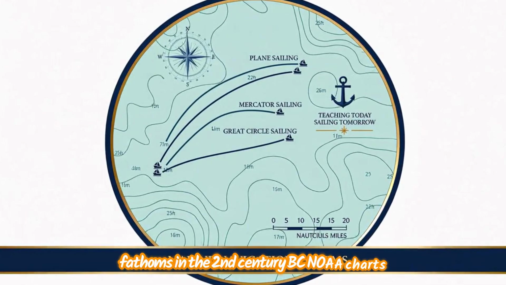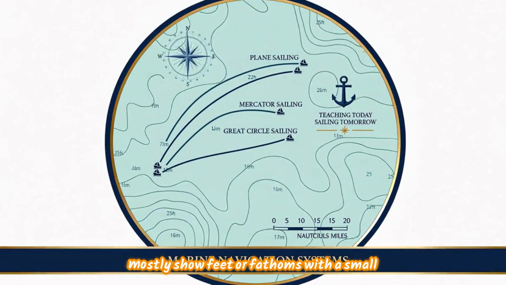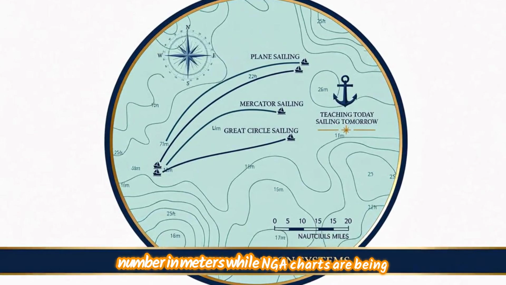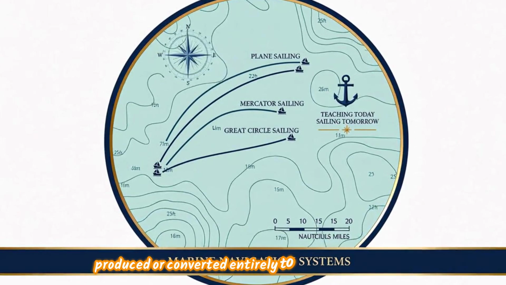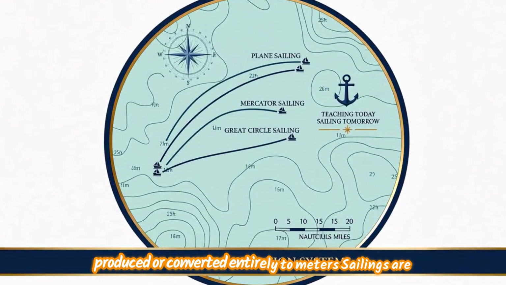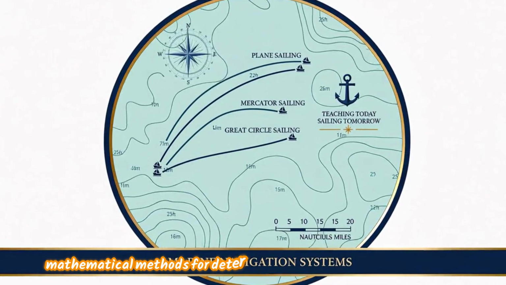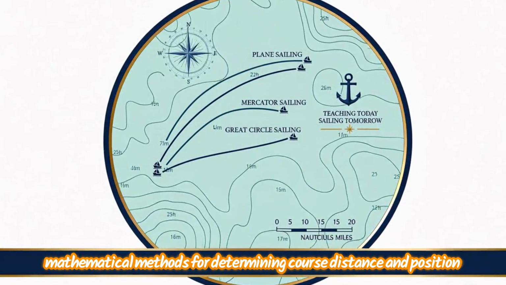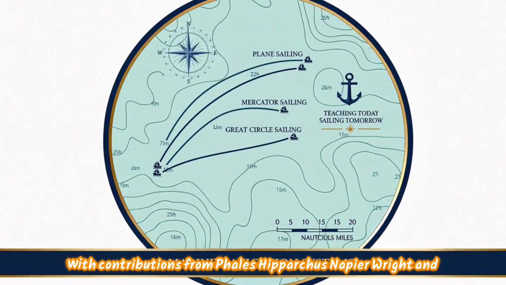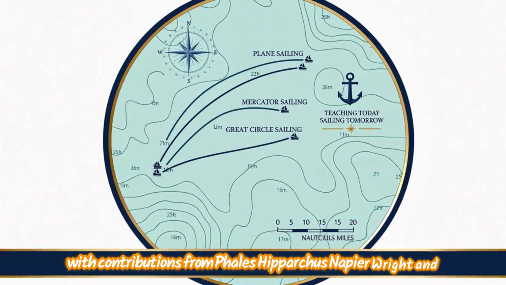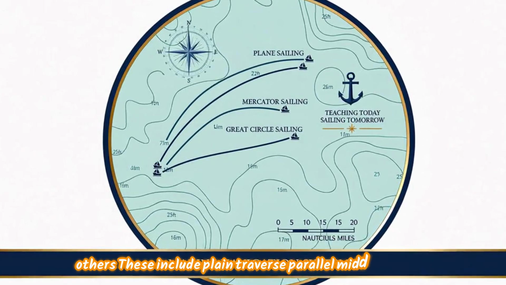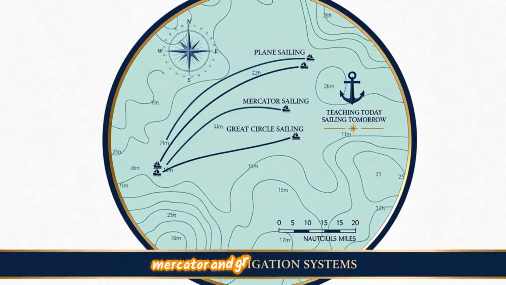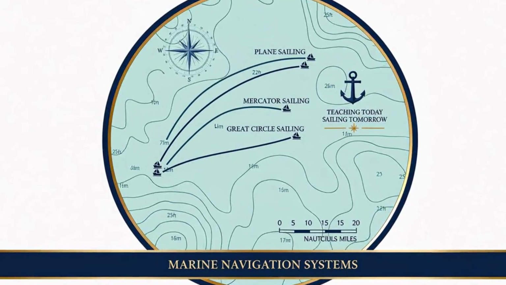NOAA charts mostly show feet or fathoms, with a small number in meters, while NGA charts are being produced or converted entirely to meters. Sailings are mathematical methods for determining course, distance, and position, with contributions from Thales, Hipparchus, Napier, Wright, and others. These include plane, traverse, parallel, middle latitude, Mercator, and great circle sailings.